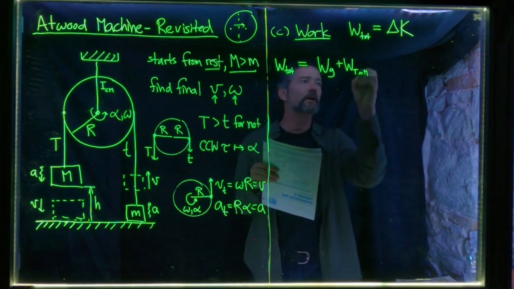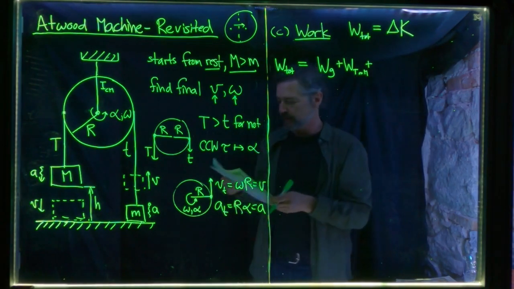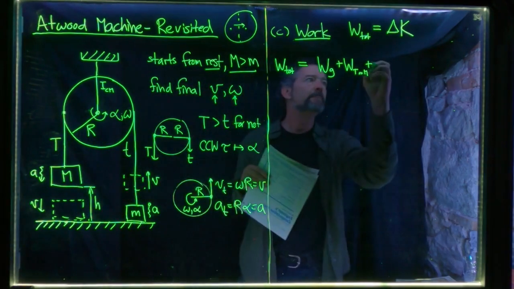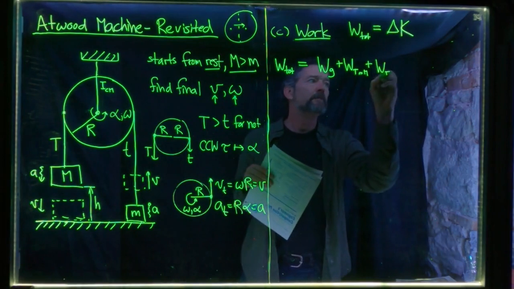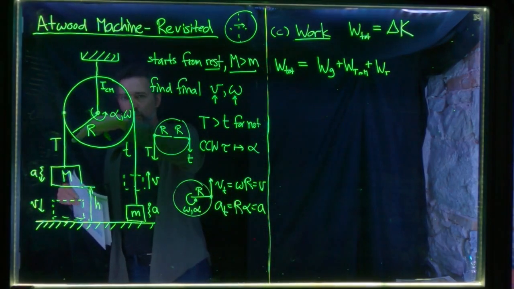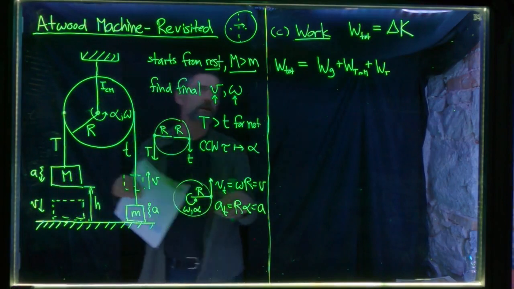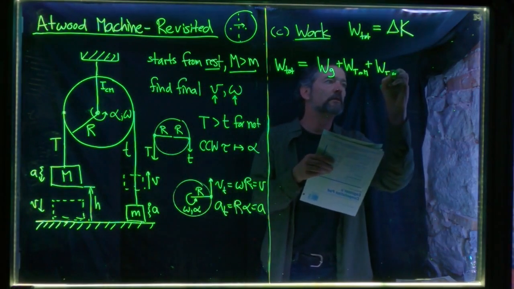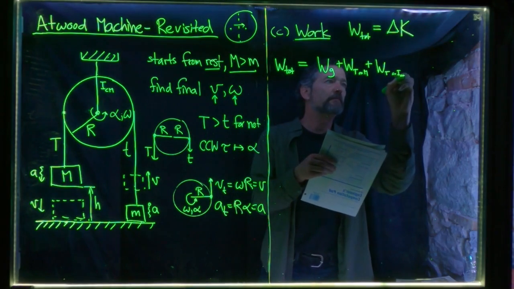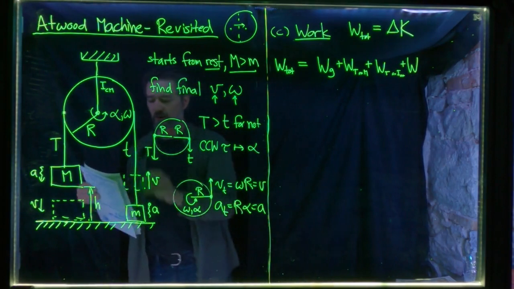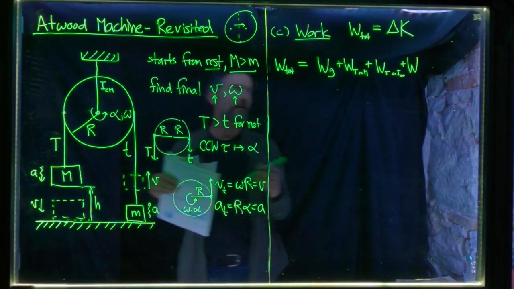So there's a W of T on M, plus there's a work of the tension force big T, which is applied to the wheel at that point. It's exerting a torque, and there's a torque acting through an angular displacement. So T on ICM, plus, similarly, there's a work for little t on little m and little t on ICM.